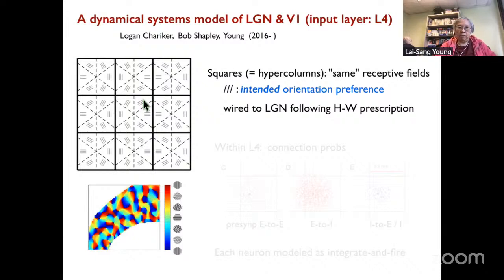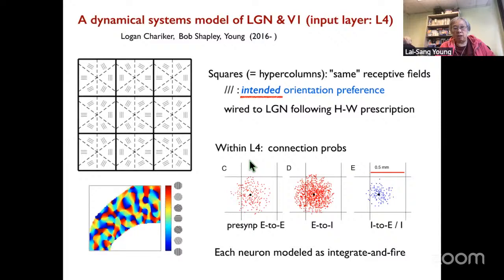This is the wiring between V1 and LGN that I did not talk about at the beginning. And within V1, in layer 4, the connection probabilities are as I told you before, and each neuron is modeled as integrate-and-fire as I told you earlier.